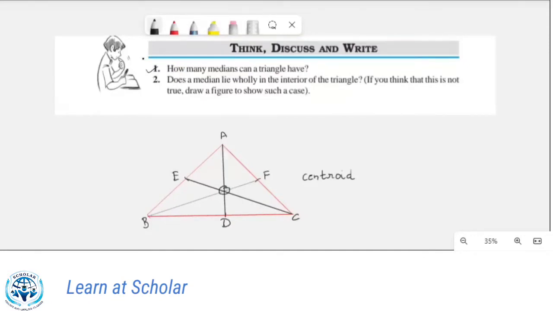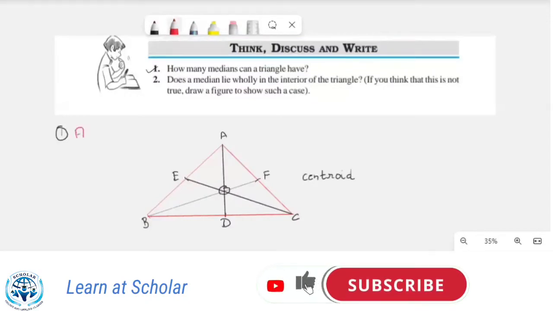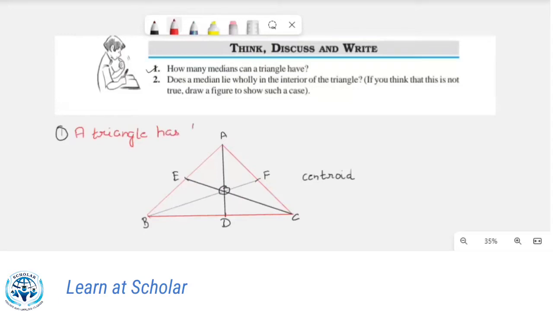The three medians are AD, EC and BF. A triangle has three medians.